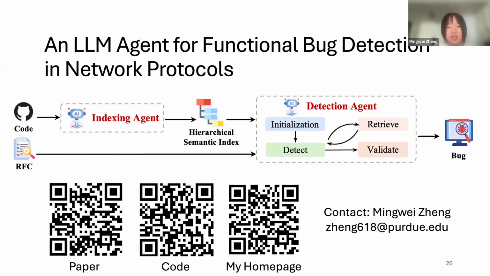This can lead to inconsistency between the actual implementation and the RFC documentation. So if there are inconsistencies, it means not only bugs or potential violations inside the code, but also that the documentation itself needs to be updated accordingly. I think this is a very good opportunity here.